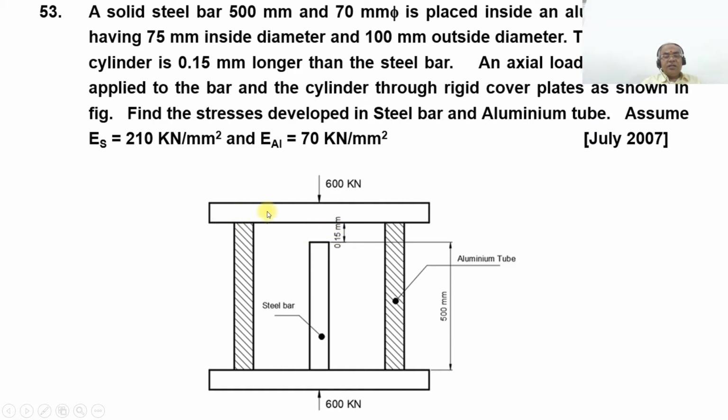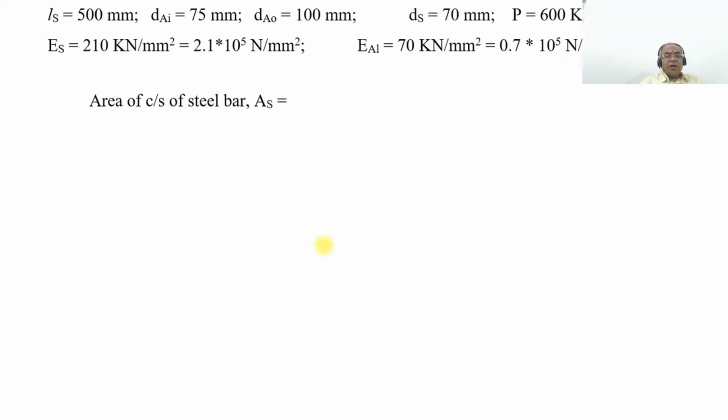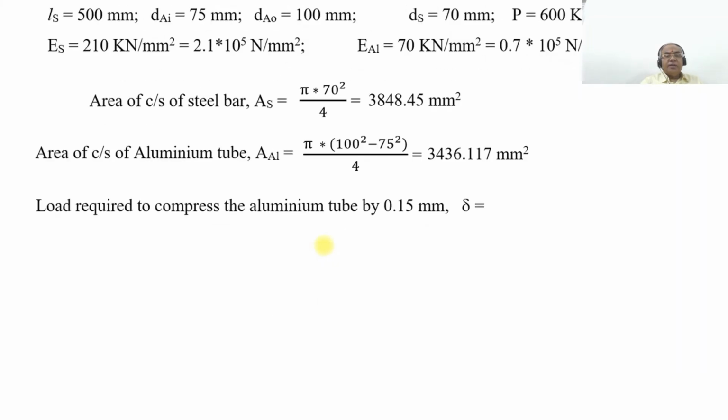Initially the rigid plate is only in contact with the aluminium tube, whereas the steel is not touched. So the load applied, 600 kN, acts only on the aluminium. It is not touching the steel bar.